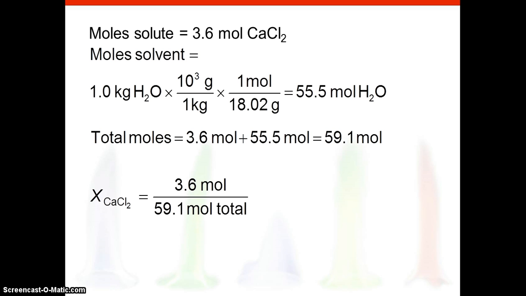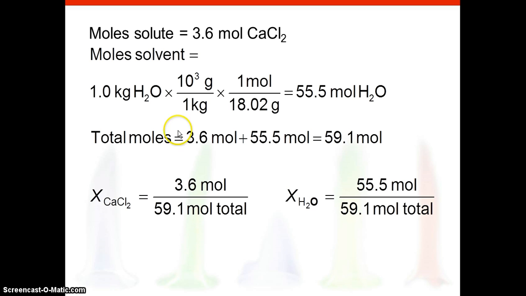Now we can easily calculate mole fraction of CaCl2 and water also. Moles of CaCl2 in that solution is 3.6, divided by total moles, which is 59.1 mole, and you can calculate the mole fraction. Now let's calculate for H2O. H2O has 55.5 moles in that solution and total moles is 59.1 mole.